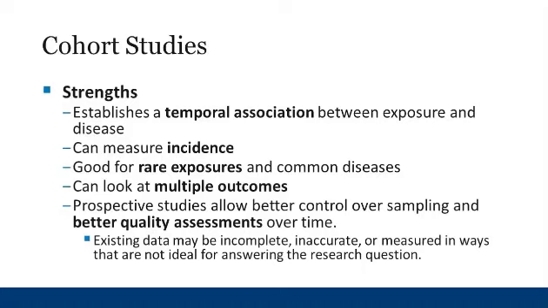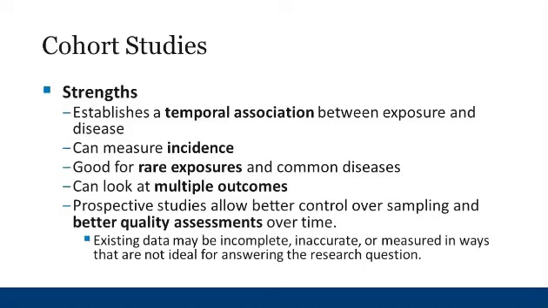It's also important to think of these because prospective studies allow better control over sampling and better quality assessments over time. And this is actually really important in the VA data. If you're using existing data and some of your data elements are incomplete, inaccurate, or maybe measured in ways that are not ideal for answering your research question, a prospective cohort study design can help you incorporate better ways of addressing those data elements.